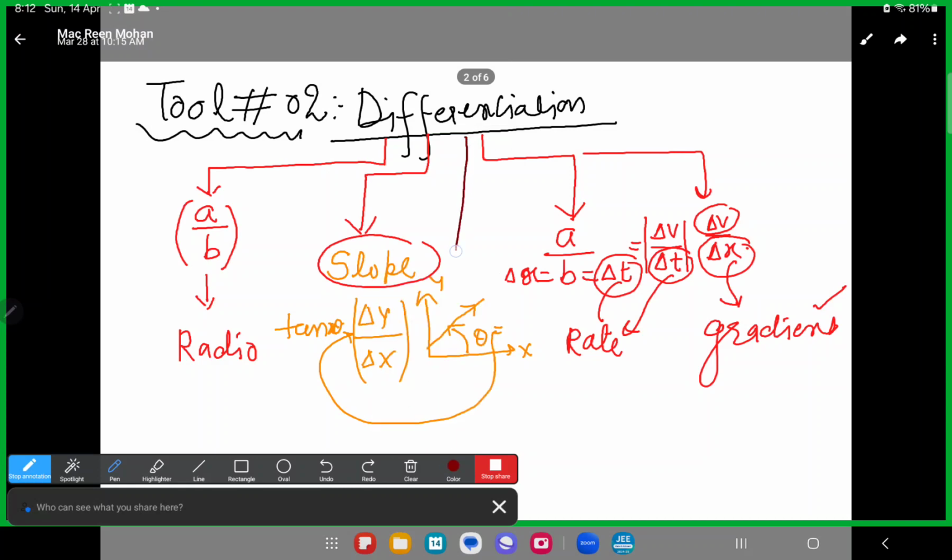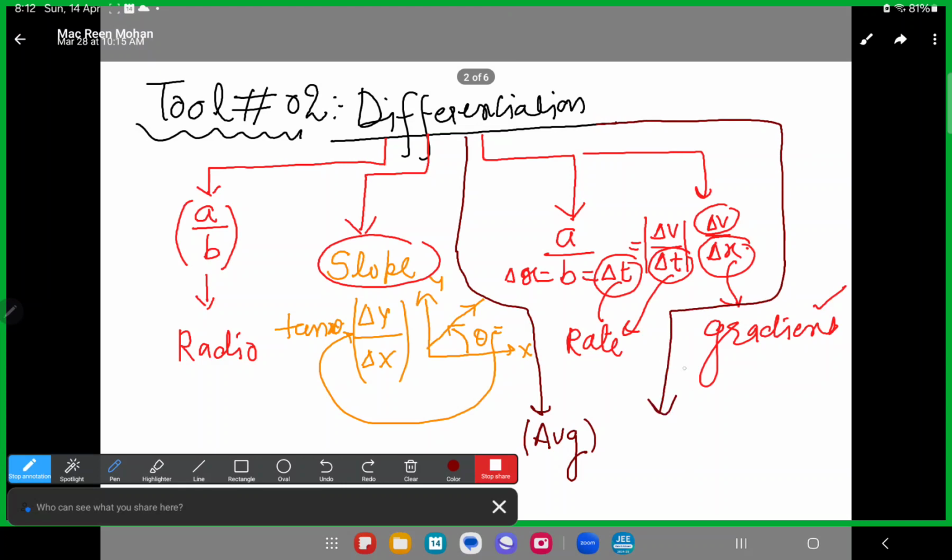Now the next important aspect of it: if we have to calculate the average, like average velocity, like the average term, differentiation also attends with average. Now the next important part, there is one more word that is called instantaneous.